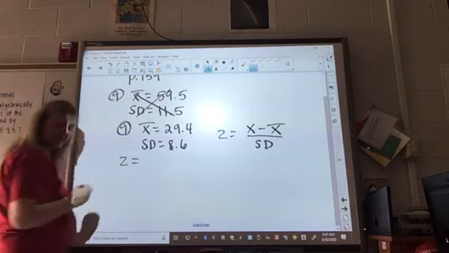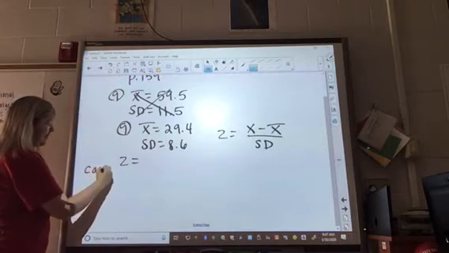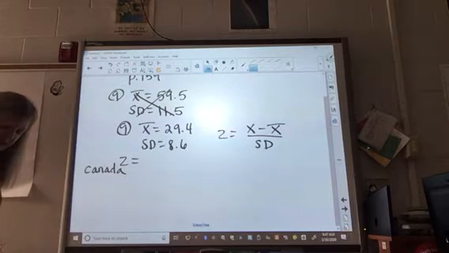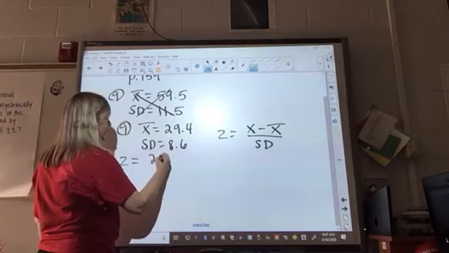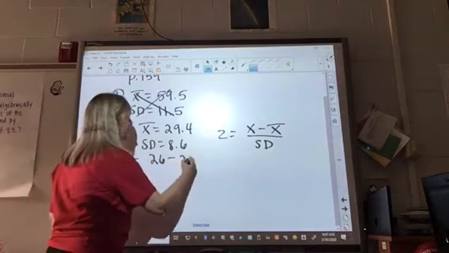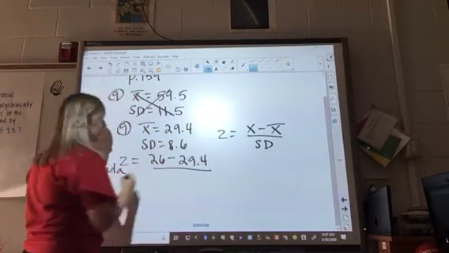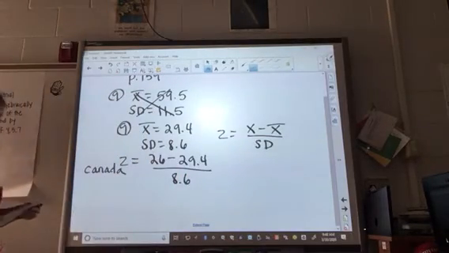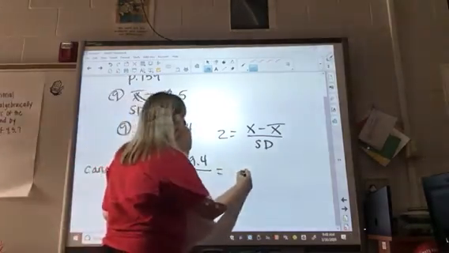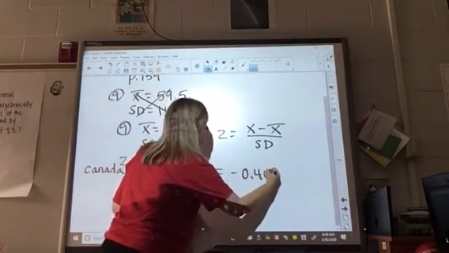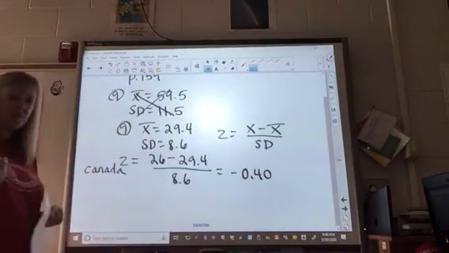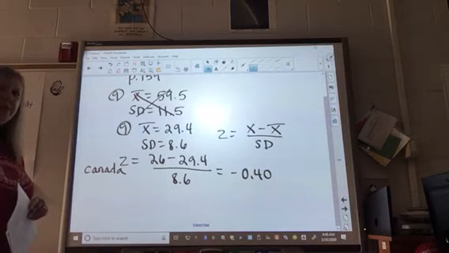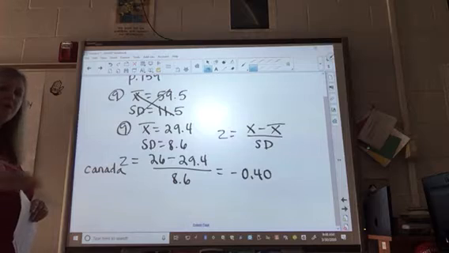So if I fill in for Canada, it says Canada has 26 days, so that's 26 minus the mean divided by the standard deviation. You will punch that in. We're going to round to the hundredths place, and I believe that's negative 0.40, which means Canada is 0.4 below the mean.